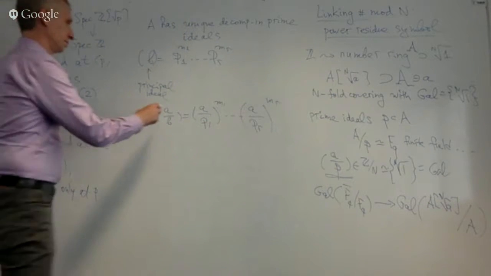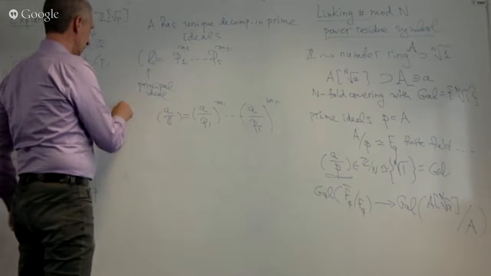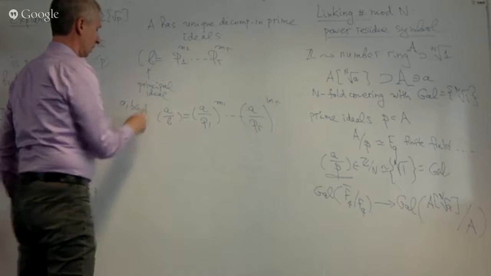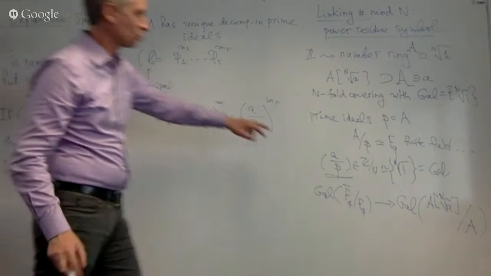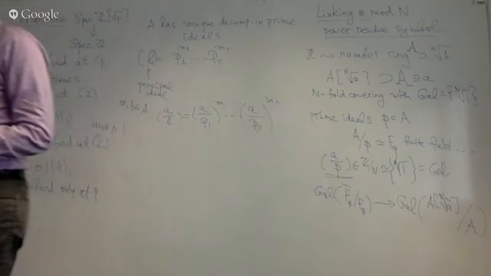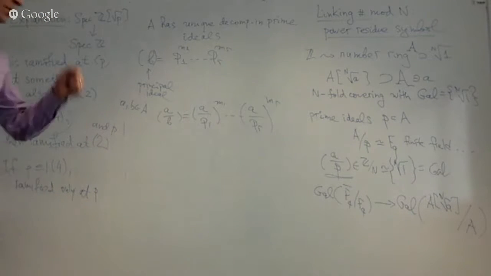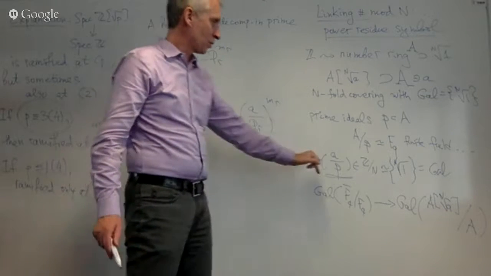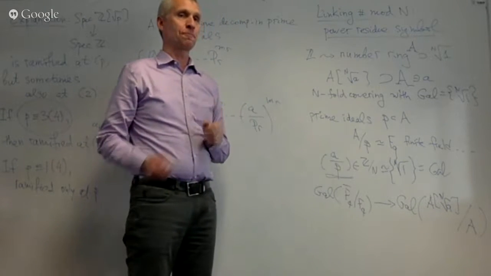We just define it. So that's the definition of what's on the right. Here I defined the two arguments as not of symmetric nature. The argument on top is an element of A, always. The argument on the bottom is a prime ideal.